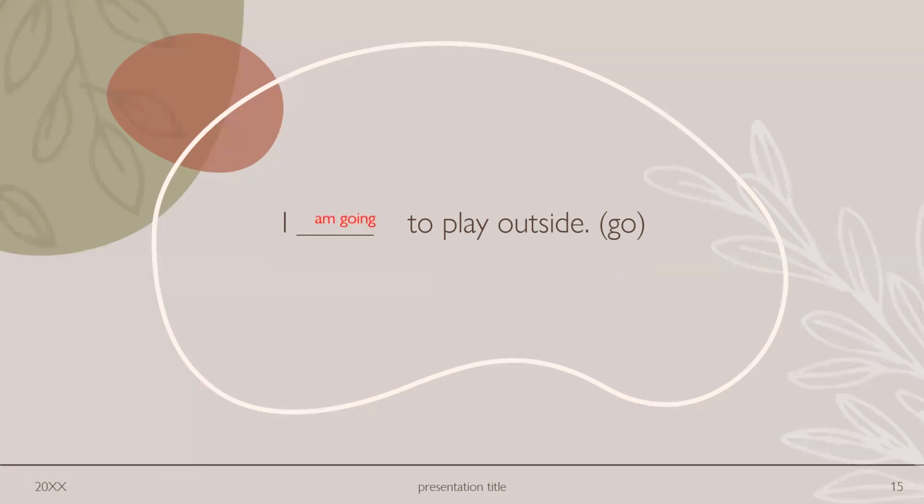Your answer? I am going to play outside. I dash a cake later. The word is later, so what should you do? Will be baking. I will be baking a cake later.